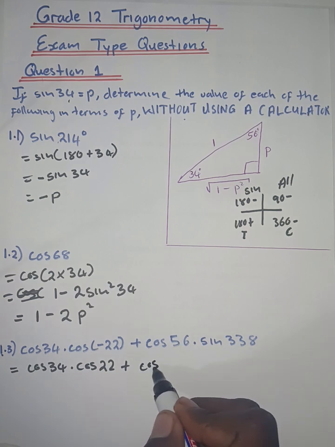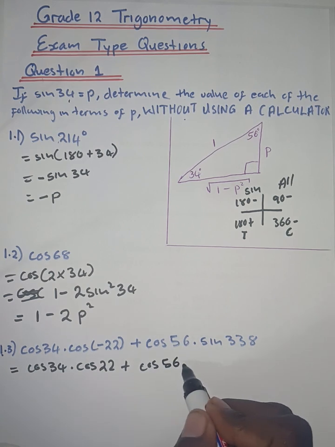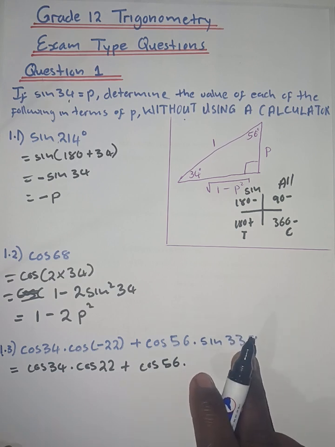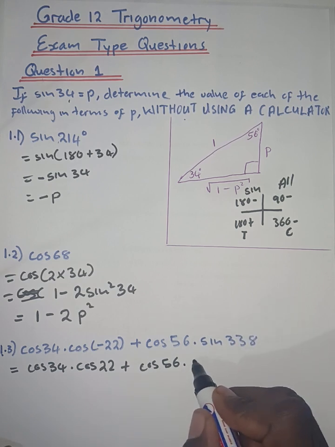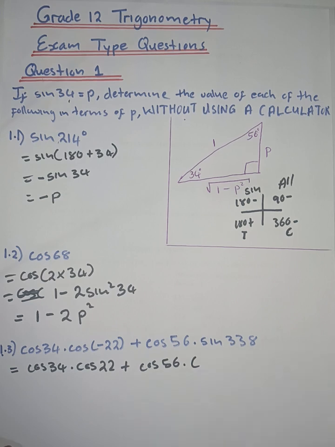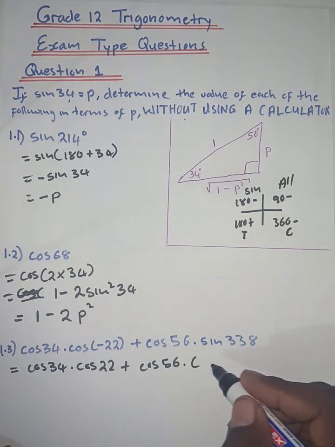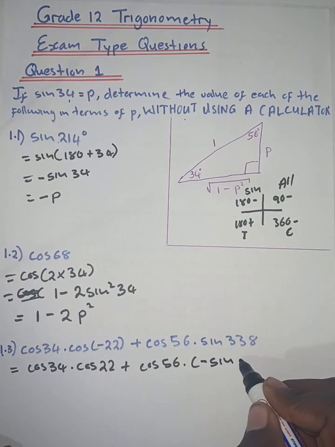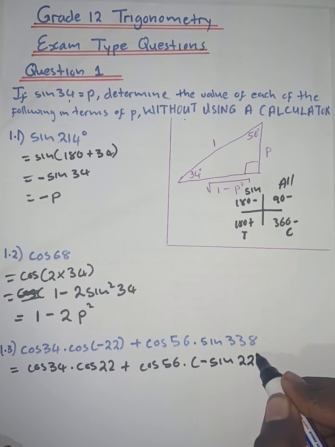So this will be cos of 56 multiplied by, and if you reduce that, that's on the third quadrant, so this would be 360 minus 22 degrees. If you reduce that immediately, you would have negative sine of 22 degrees.